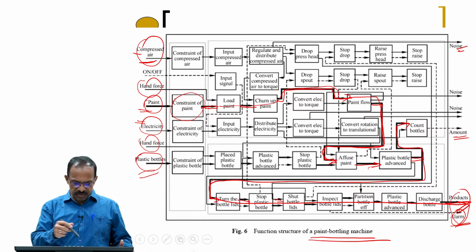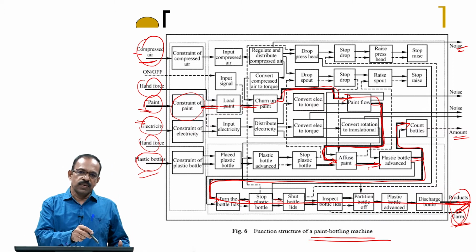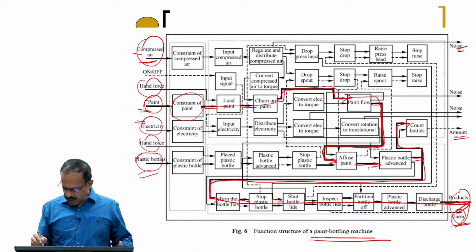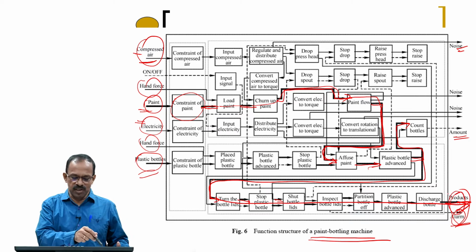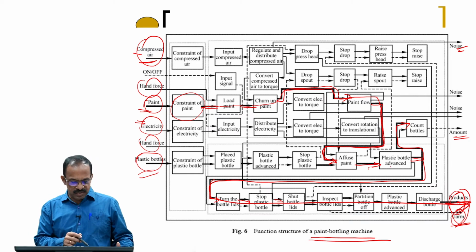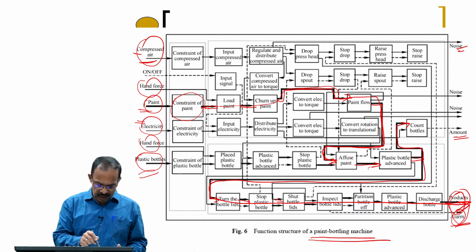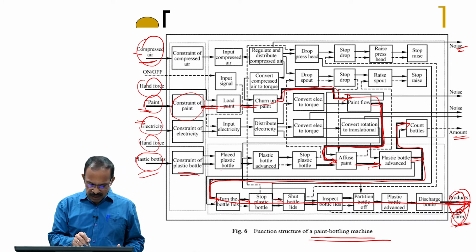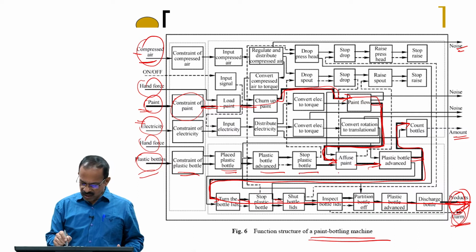So, you can see all the functions involved in getting the bottle out, where the paint is involved, can be identified like this. Same way, the plastic bottle is placed, moved, stopped, paint filled, and then moved out along with the paint.